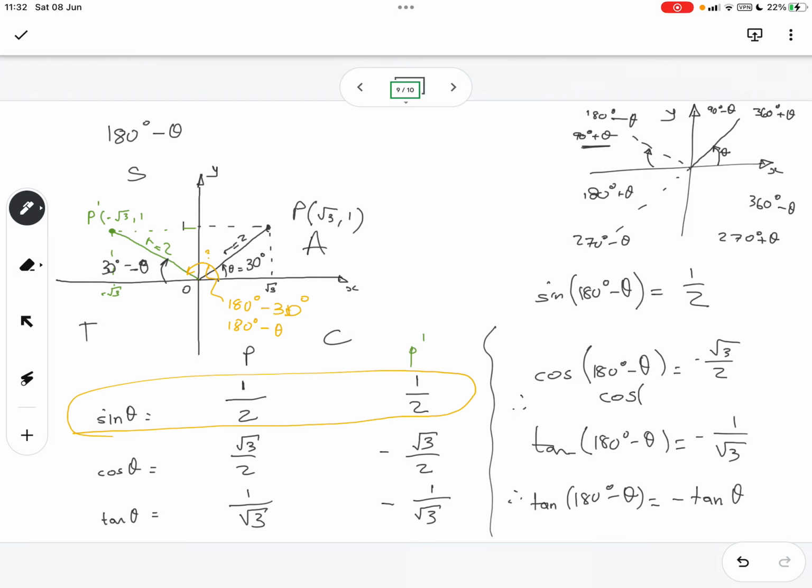And here, if cos of 180 degrees minus theta equals negative square root of 3 over 2, then this cos of 180 degrees minus theta must equal negative cos theta. And in the same breath, then sine of 180 degrees minus theta must equal sine of theta.